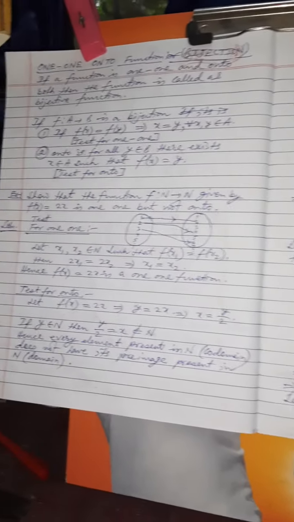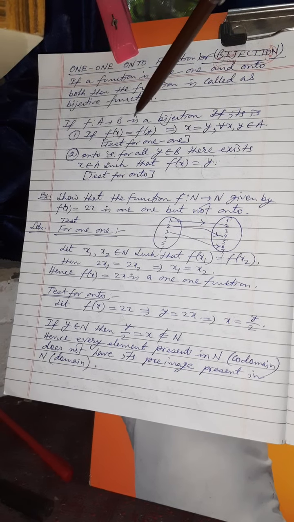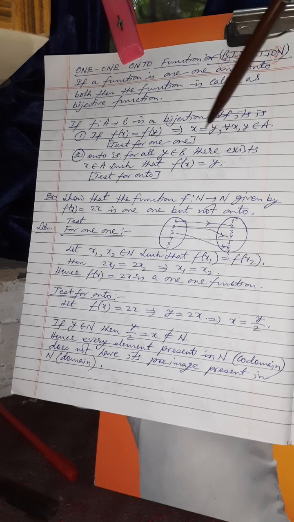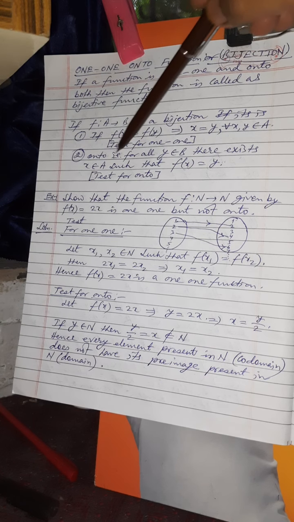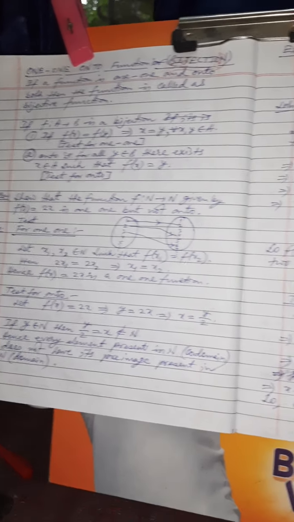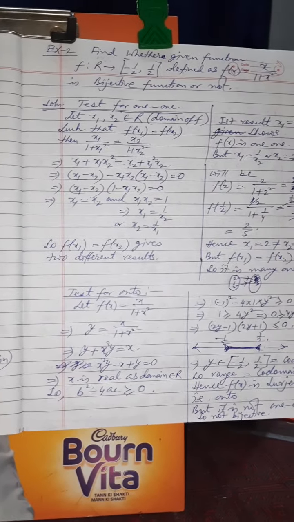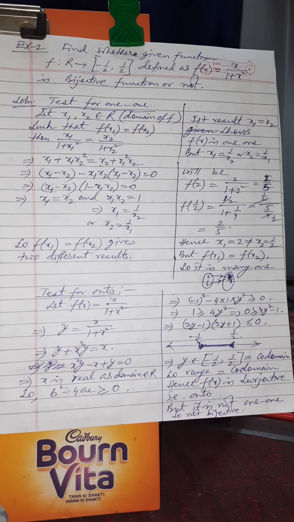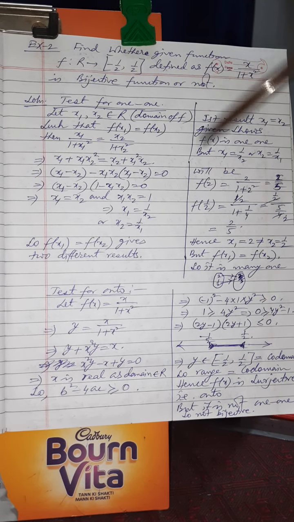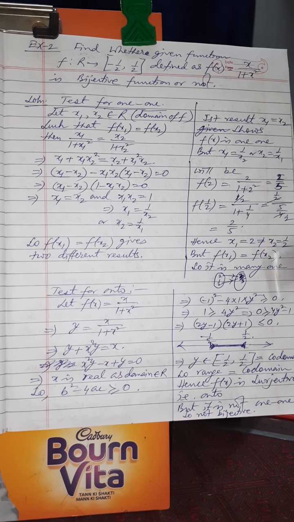If you remember, here I have told you that if f(x) is equal to f(y) implies x is equal to y, then we can say that function f is a one-one function. So the same concept has been utilized over here. You can see, in place of x and y, we have taken x1, x2 belonging to capital R, the domain of f.